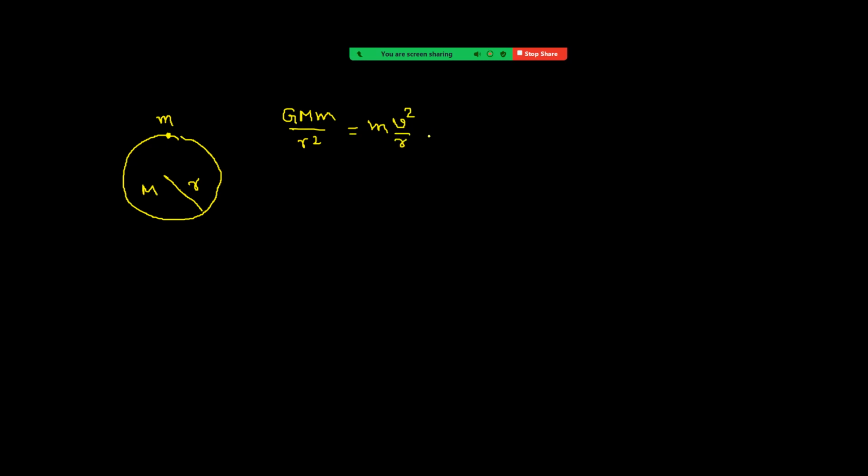So from this, see what we get. One r gets cancelled. We get m v square equal to G M m by r. Now multiply both sides by a half.